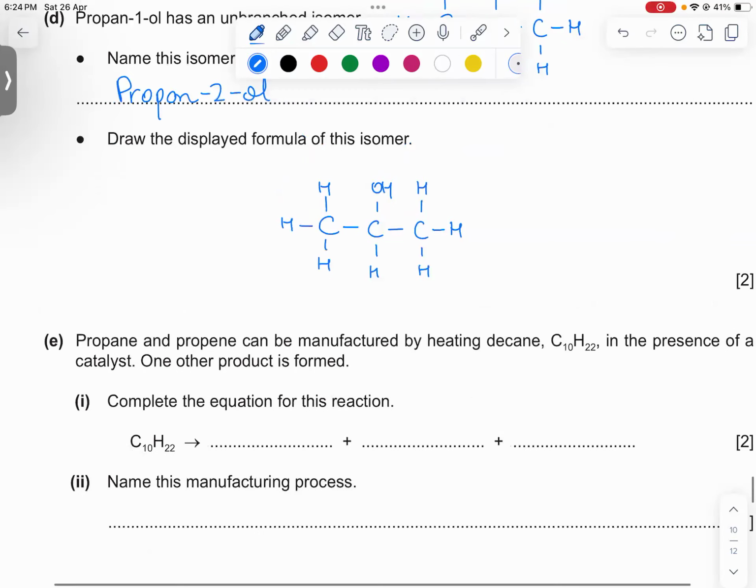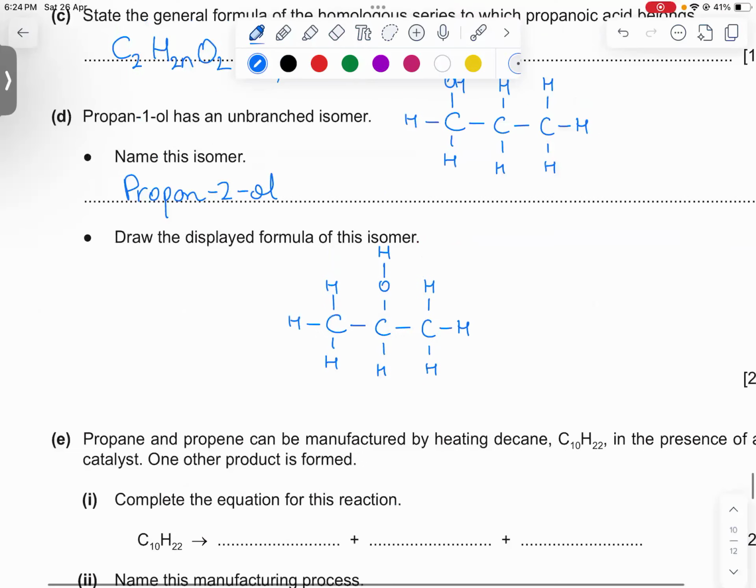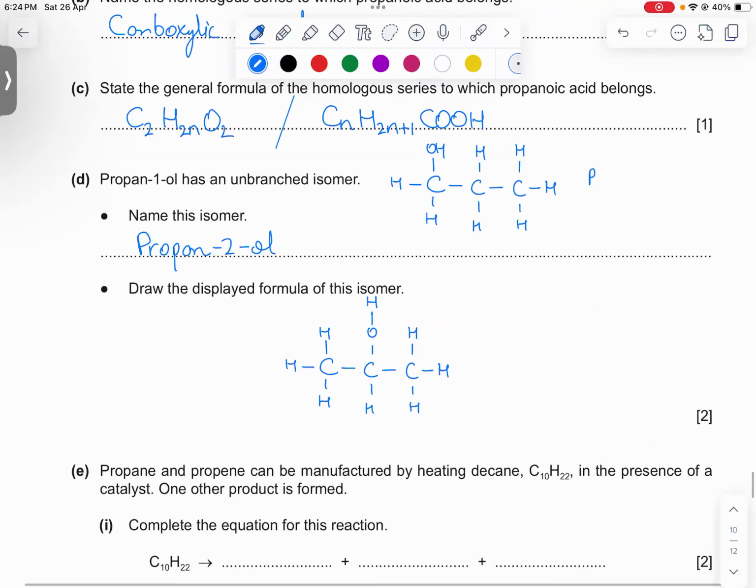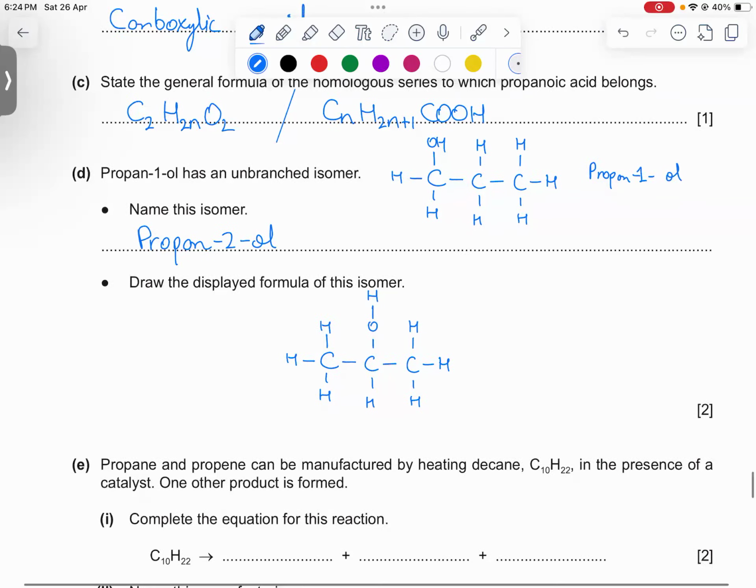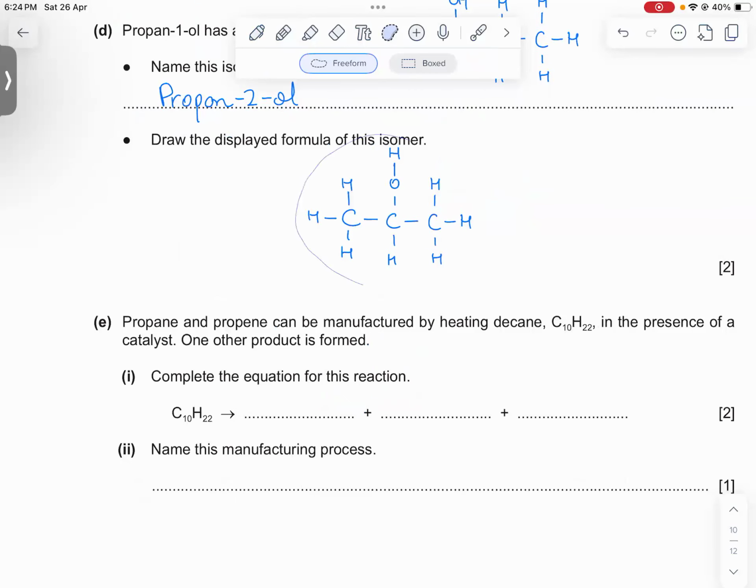You need every single bond shown, so you have to draw another H with O like this. So that is propan-1-ol, and then the displayed formula should contain propan-2-ol like this.